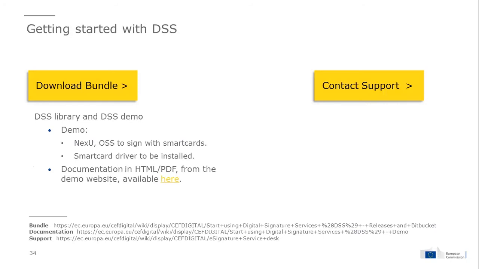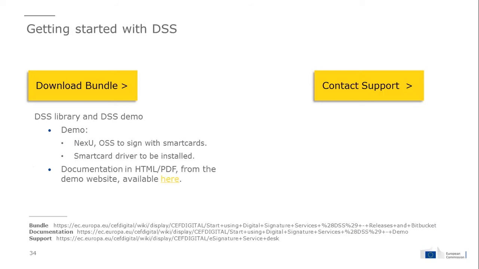Okay, so if you download the bundle, what you will have in the bundle is the DSS library itself, of course, and the DSS demo that runs a demo application of that library. And as discussed previously, you will also download in this bundle an open source version of NexU that will enable you to sign with smart cards.